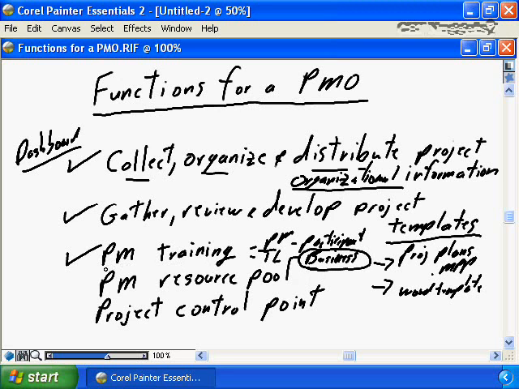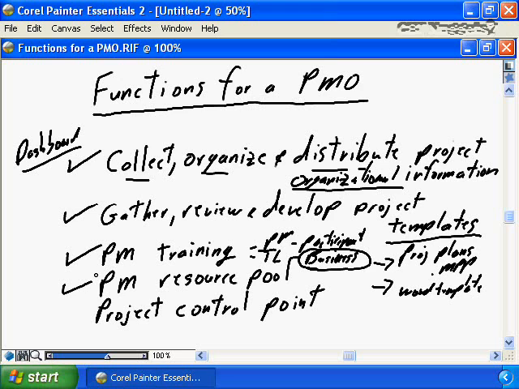So by having the project management expertise focused in the PMO, we have an excellent consolidated source for project management training. As mentioned previously, a common requirement, a common focus for PMOs is the actual resource pool. All project management staff, whether they be actual project managers, team leaders, or project coordinators, are responsible to report into the PMO.